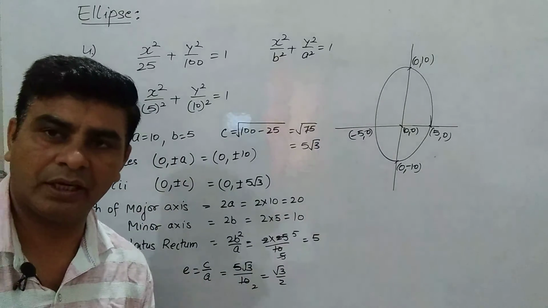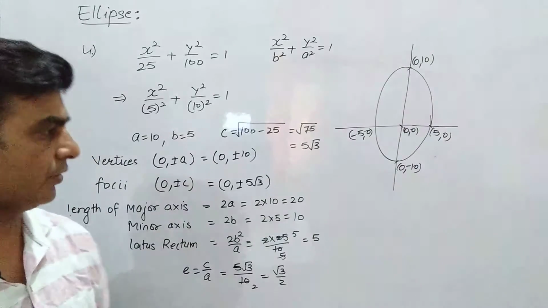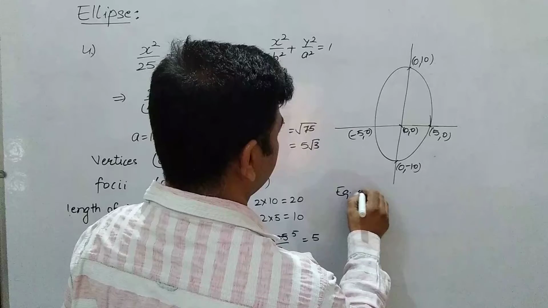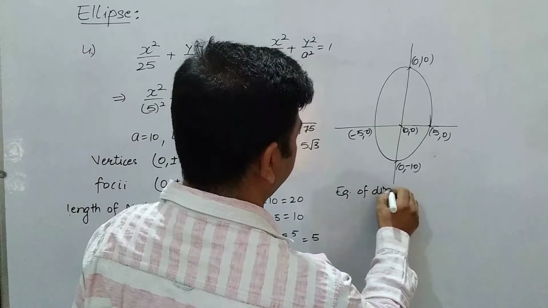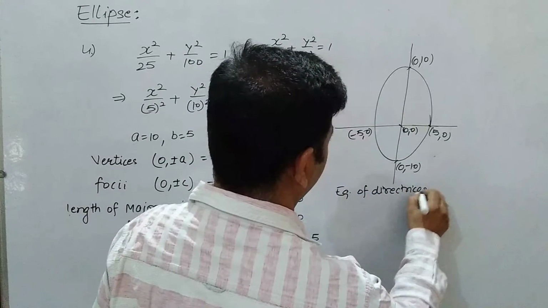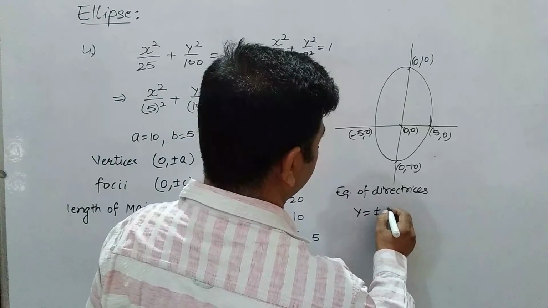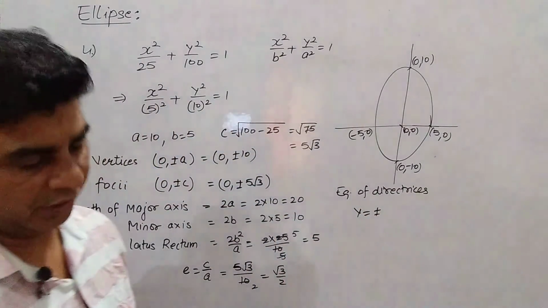Now if you want to find the equation of directrices as well, the equation of directrices is given by y is equal to plus minus a by e.